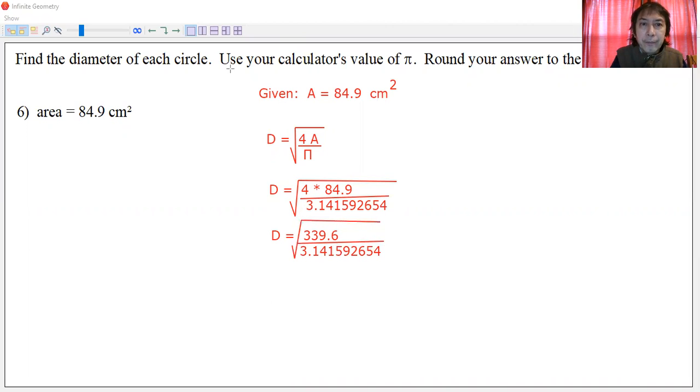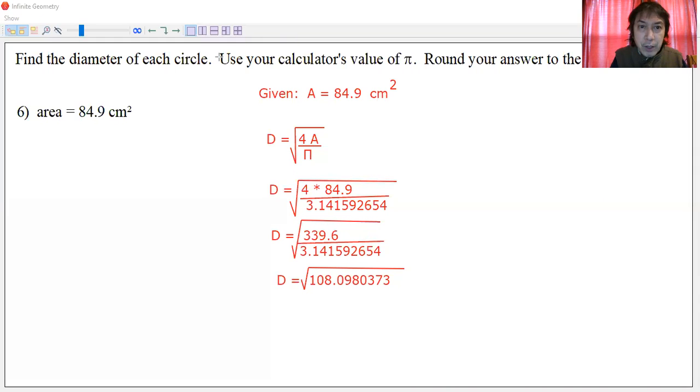So we will be doing it in detail. So we will divide the numerator by the denominator, which is the value pi. And we will have 108.0980373, and this will be under the square root sign.